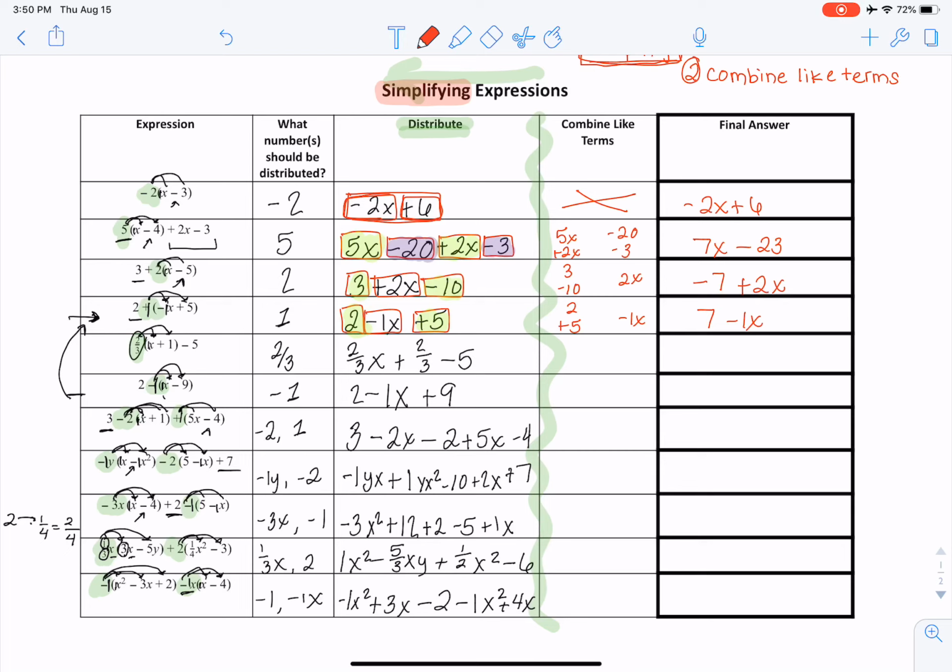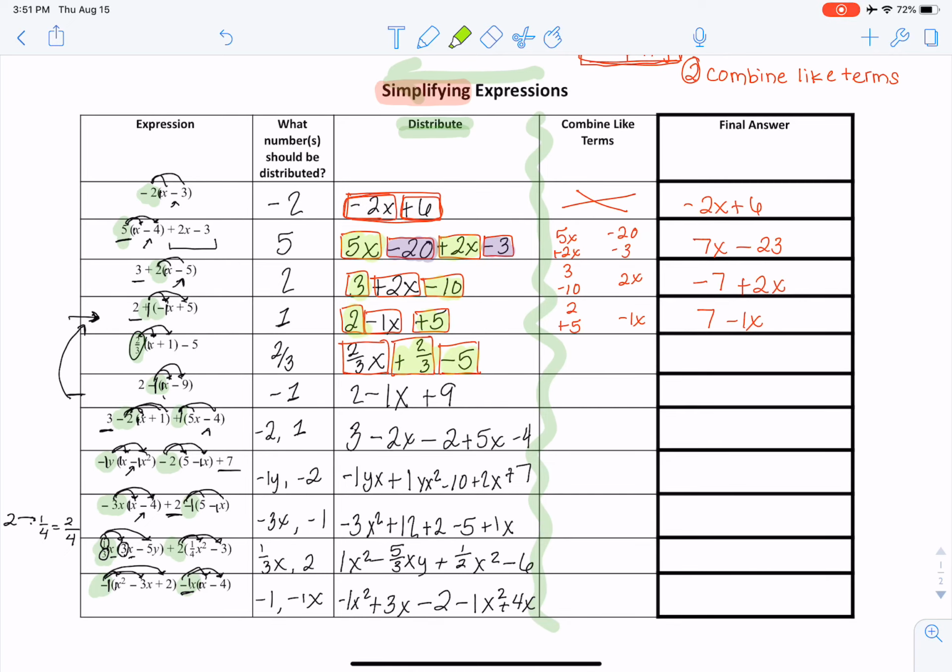All right? This next one also has 3 terms, 2/3 x plus 2/3 minus 5. Okay? When I group them, I can group this 2/3 and this minus 5. Now, a lot of people want to group 2/3 x and 2/3 because they're both fractions. We don't care what the number is.